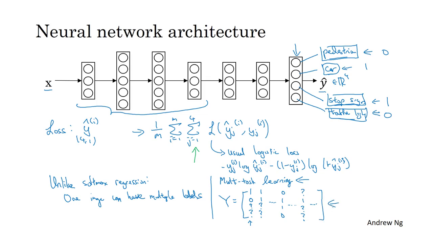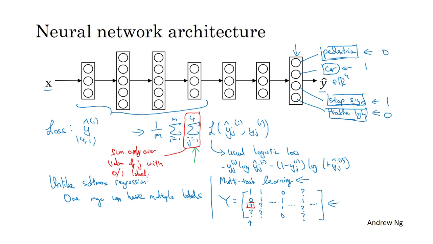So with a data set like this, you can still train your learning algorithm to do 4 tasks at the same time, even when some images have only a subset of the labels and others are question marks or don't cares. And the way you train your algorithm, even when some of these labels are question marks or unlabeled, is that in this sum over j from 1 to 4, you would sum only over values of j with a 0 or 1 label.